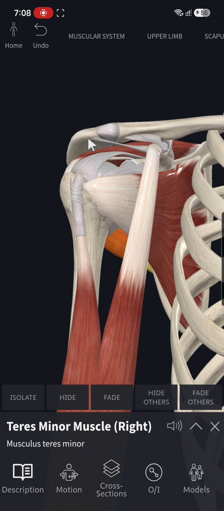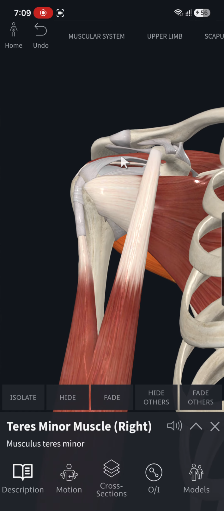And then we have tendinous elements that stabilize as well, like the supraspinatus tendon right here, as well as the long head of biceps tendon, right? So we have 2 bony parts, coracoid and acromion, and then 2 tendons, which are the supraspinatus tendon and the tendon of the long head of biceps.